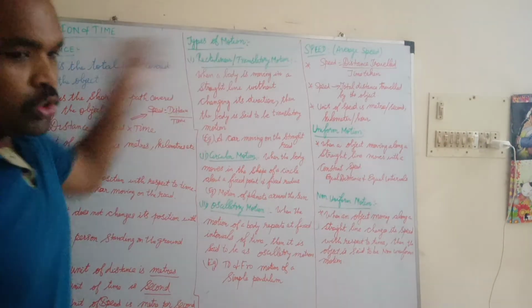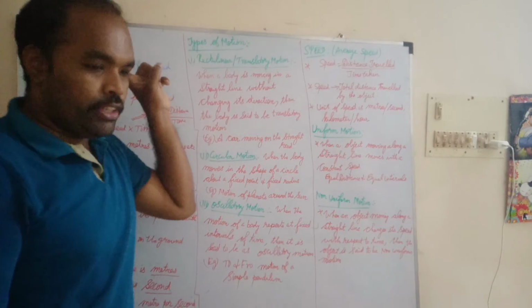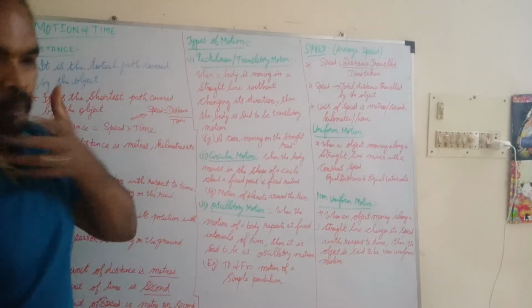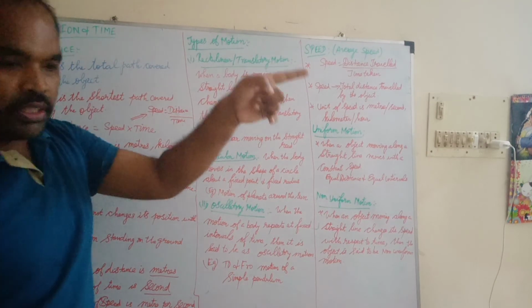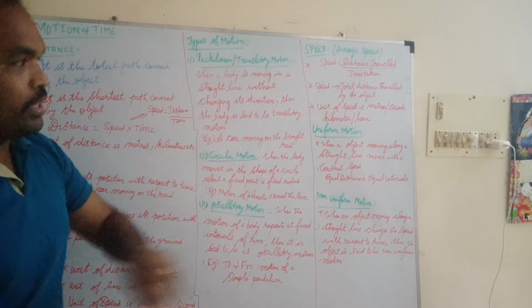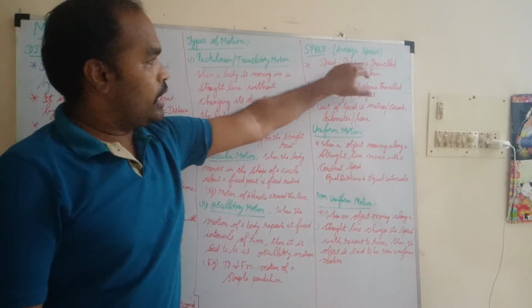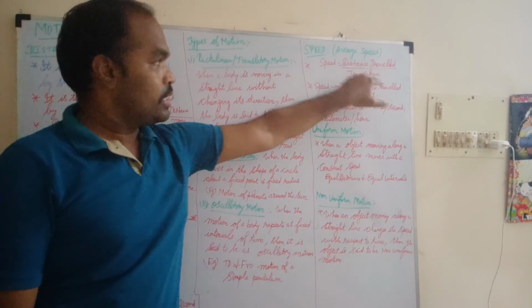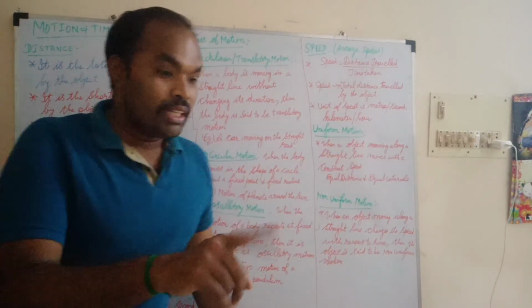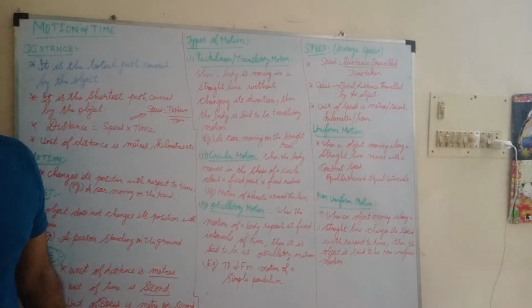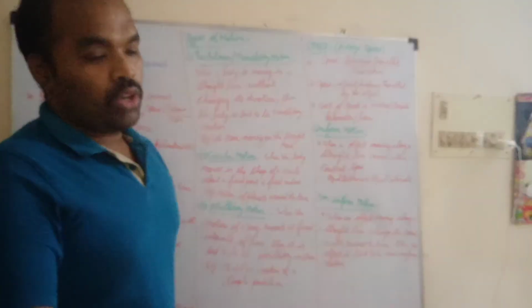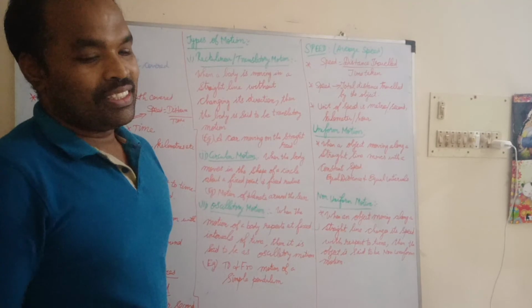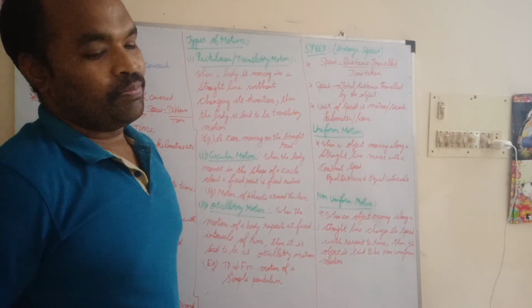How many minutes did it take from your house to school? 5 minutes. Again 5 minutes. So totally 10 minutes. The distance is totally 6 kilometers, divided by the time taken, 10 minutes. 10 minutes equals how many seconds? 600.